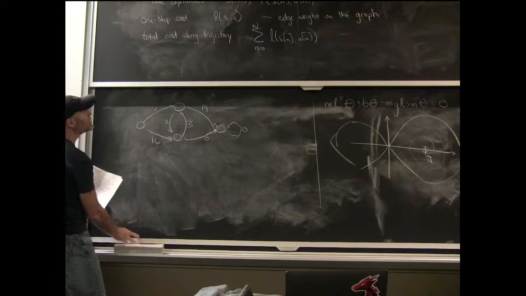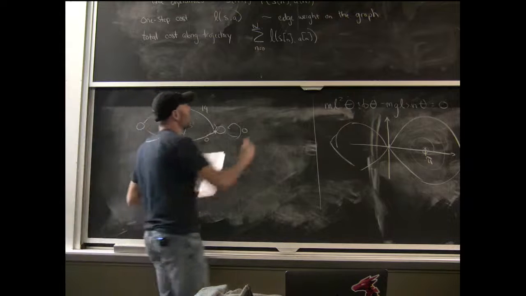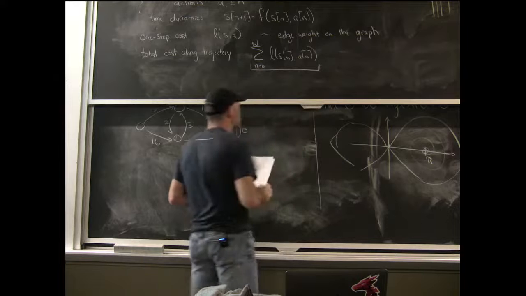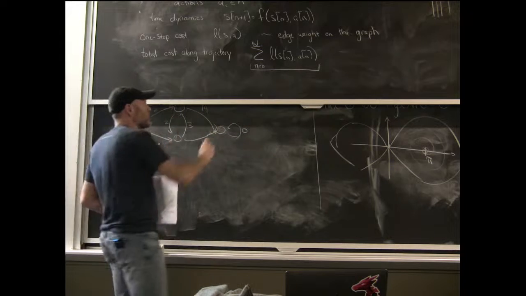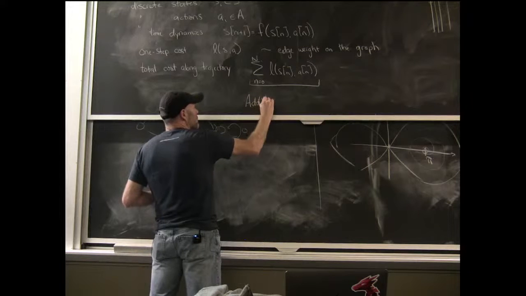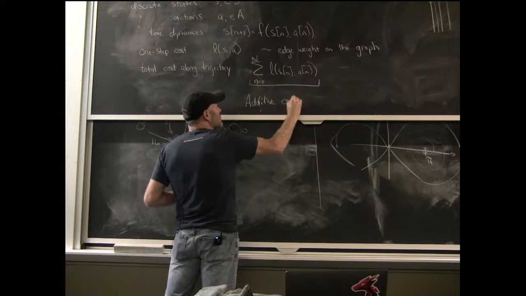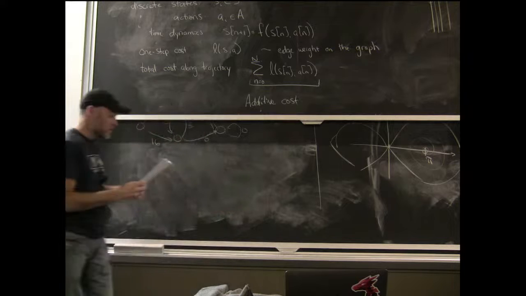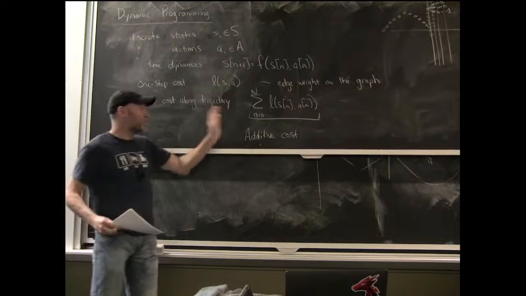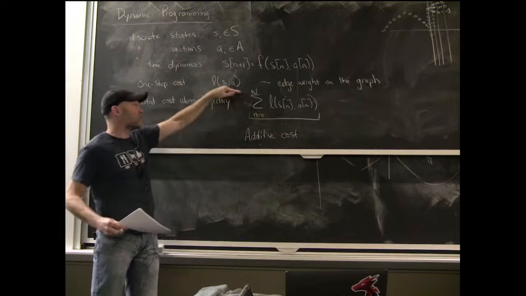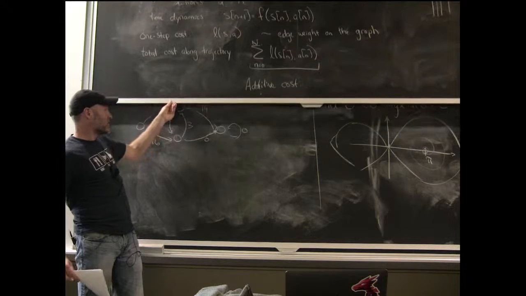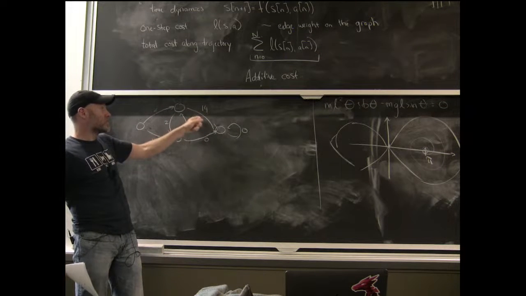And the way we do this is we take advantage of this particular structure in the way I wrote the cost function. This is an additive cost. I chose to write my total trajectory cost as the sum of a bunch of simpler costs, which then gives it this connection to graph search and edge weights.